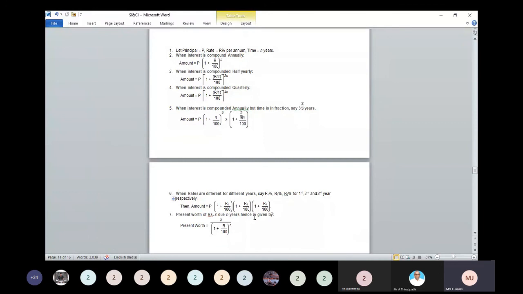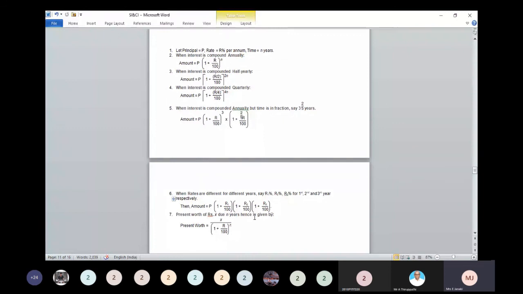Next, when the interest is compounded half yearly, the formula to calculate the amount is: amount equals P, the principal amount, into 1 plus, for half yearly, the rate of interest is R by 2 divided by 100, whole power 2n, because you calculate half yearly.